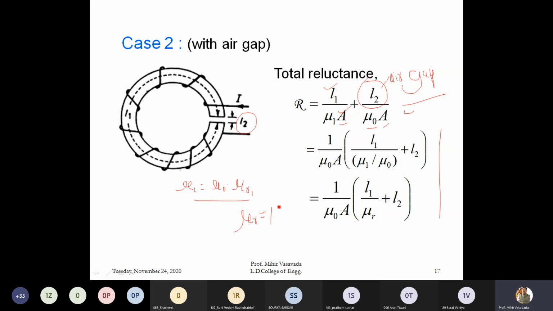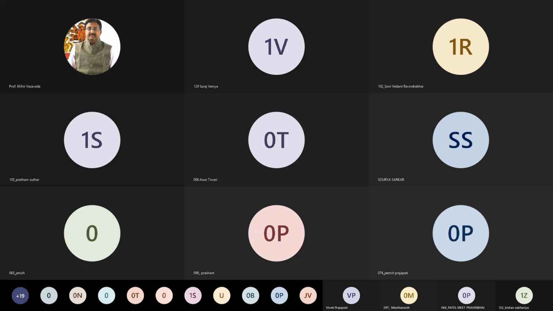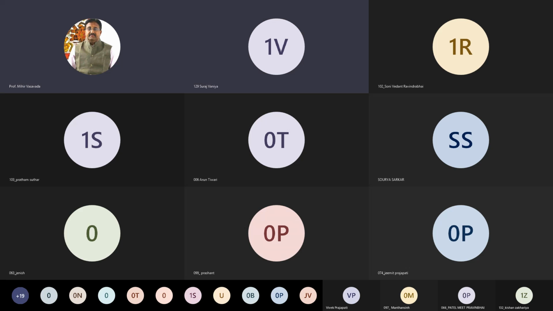And this is used for all the machines. Motor, generator, all machines are like this only. Clear? Yes, sir. Good. Any other query?